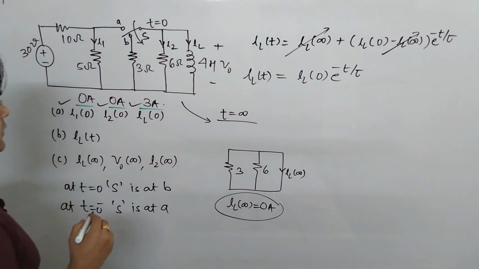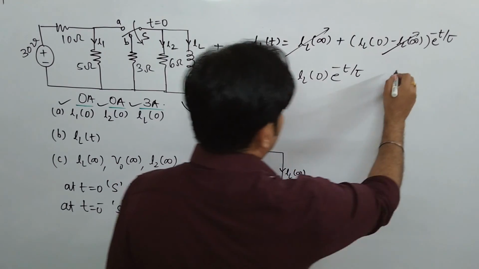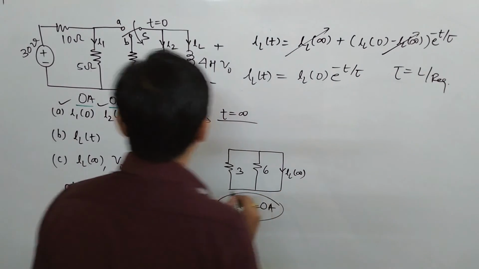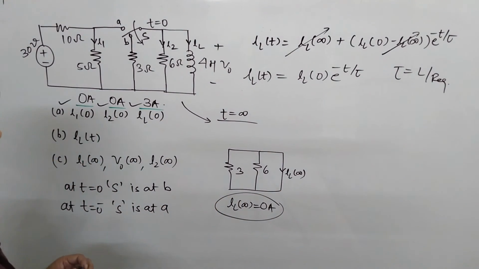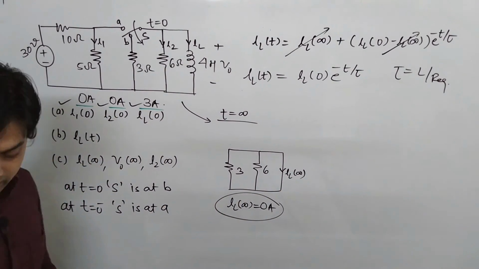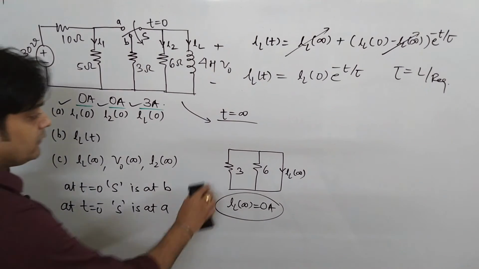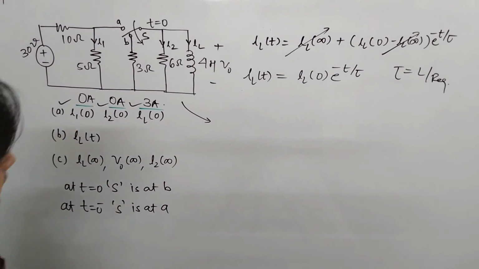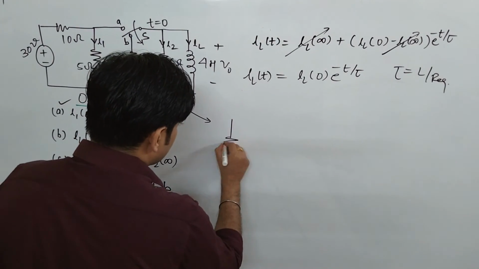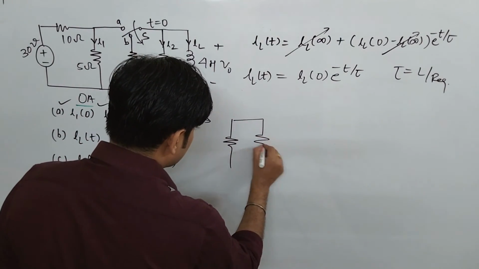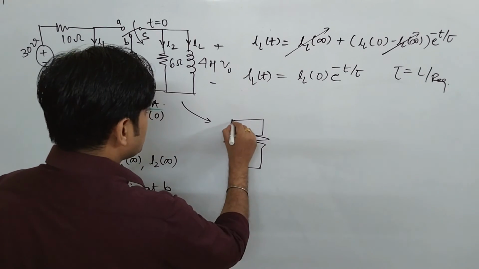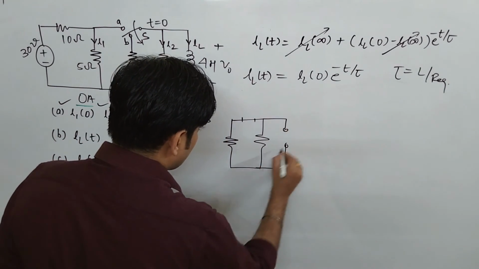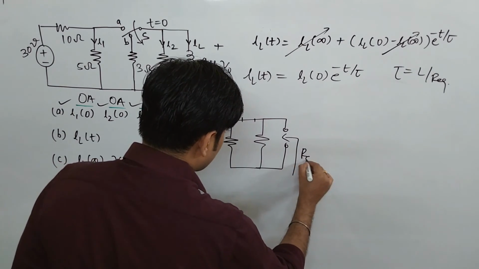IL0 you already know. You have to find the value of tau, and tau is L by R equivalent. L you know, R equivalent you have to find. For finding out the R equivalent, as I said, you have to find at t equal to 0. So if you draw this network again at t equal to 0, you'll see these are the two resistances, because again this switch is at position B, and across this inductor you have to find the R equivalent.